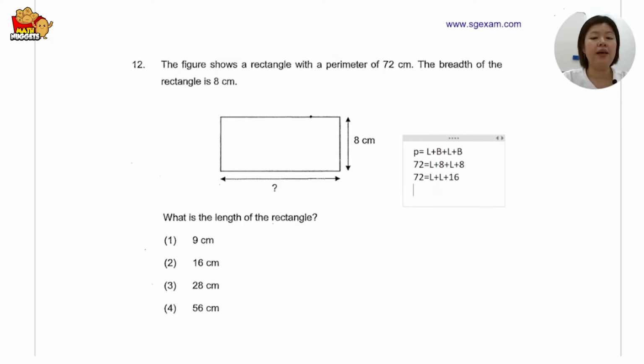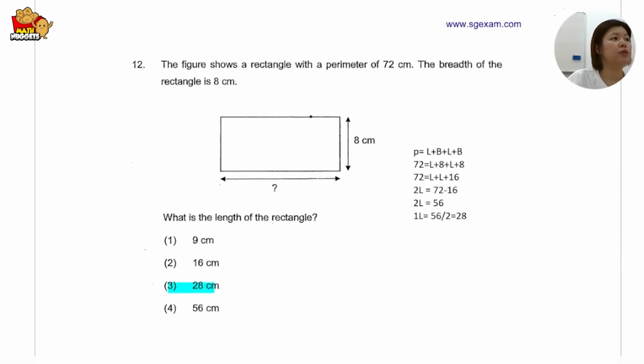In order to find my length, it's actually 2 lengths, so it's equal to 72 minus 16, which is equal to 56. Okay, so 1 length is equal to 56 divided by 2, which gives you 28. So answer number 3.